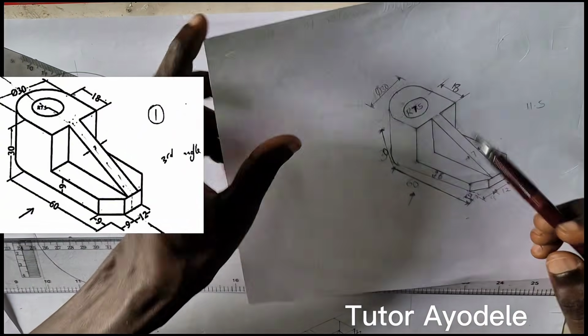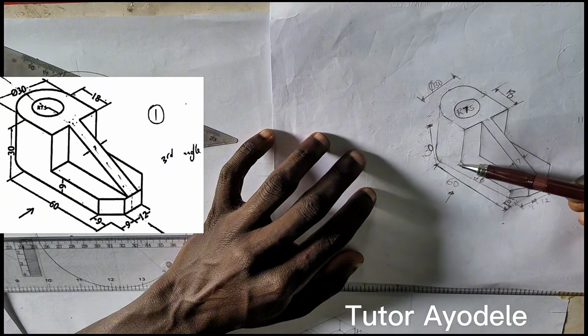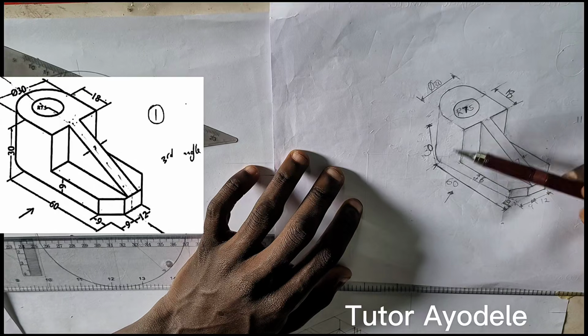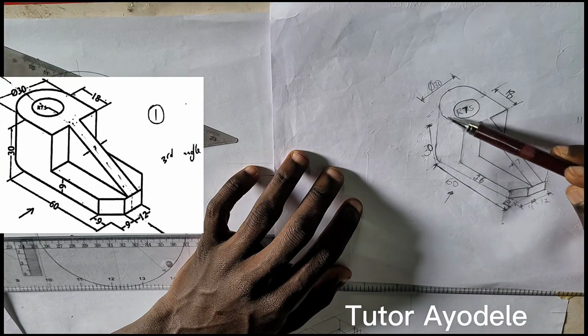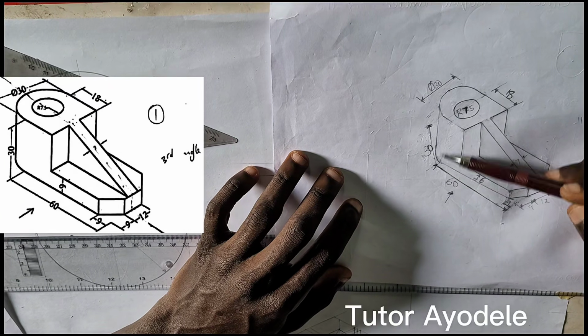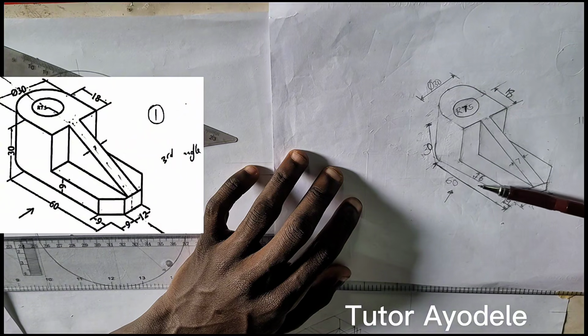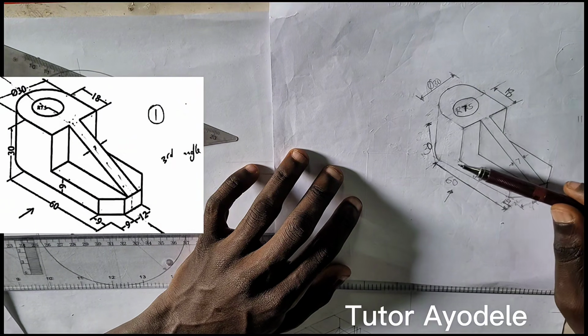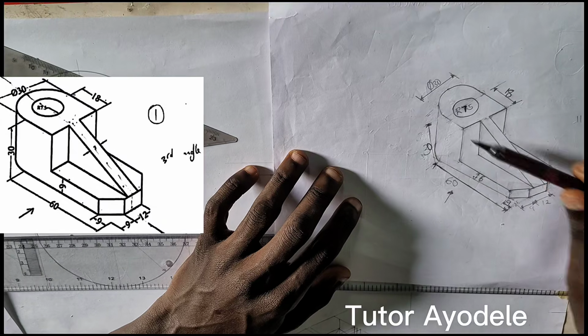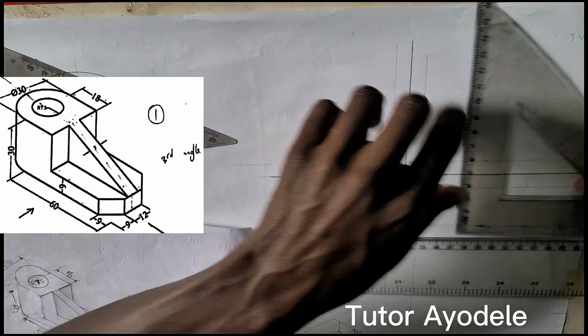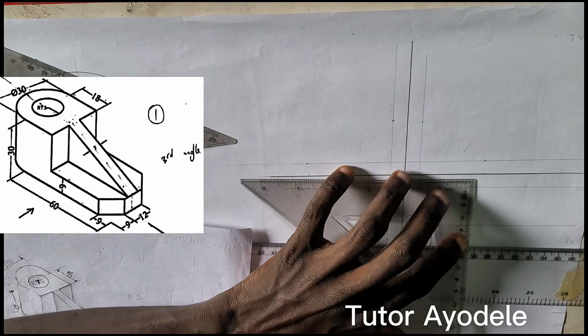Okay. Now the distance from here to here is given to be what? Now, if from the base to the top here, the height is given to be 30 millimeters, then this thickness is 6. So if I subtract 6 from 30, that will be 24, which means that from here to here is 24. So let's measure out 24 millimeters.